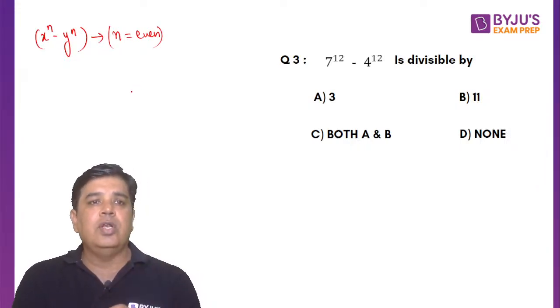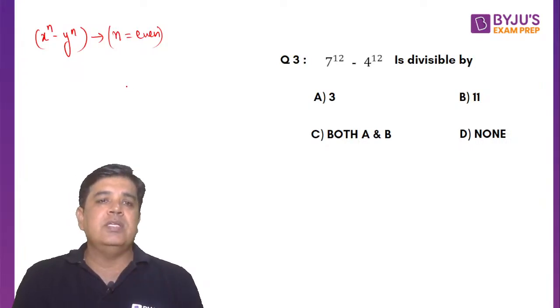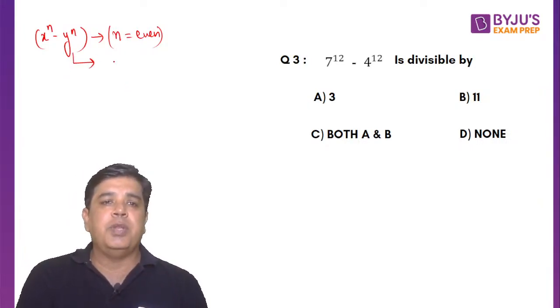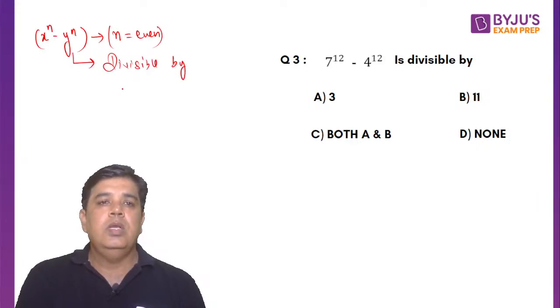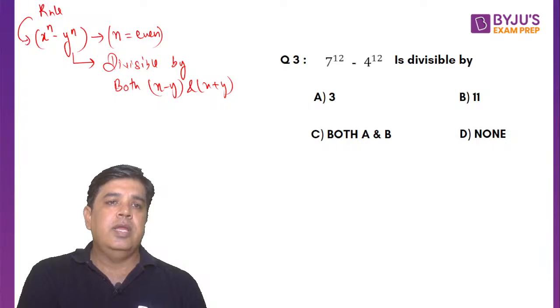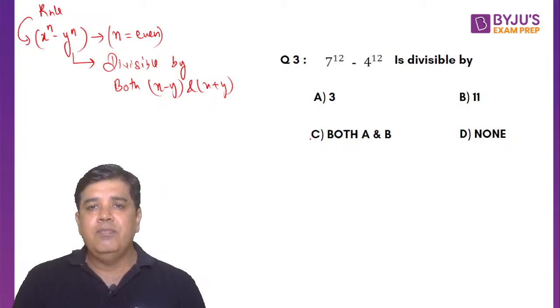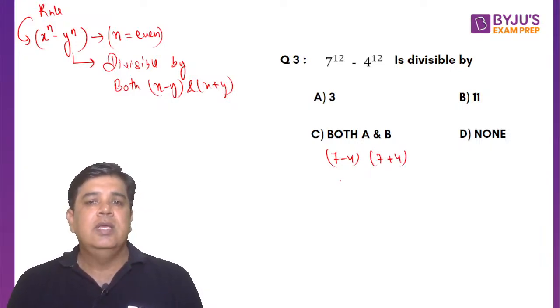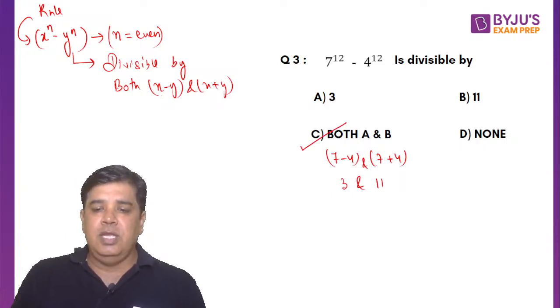If the sign between the two terms is negative and the power is even, then this whole expression is divisible by both x minus y as well as x plus y. This is a rule, students. So here x is 7 and y is 4. So x minus y means 7 minus 4, and x plus y is 7 plus 4. So 3 and 11 both, which means the answer is option C.